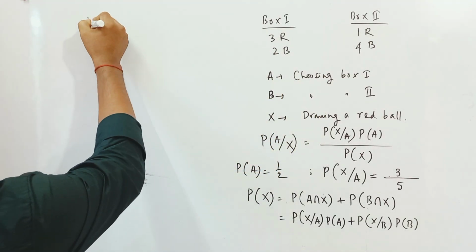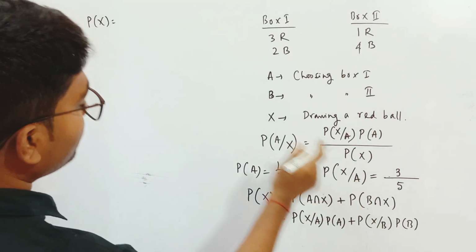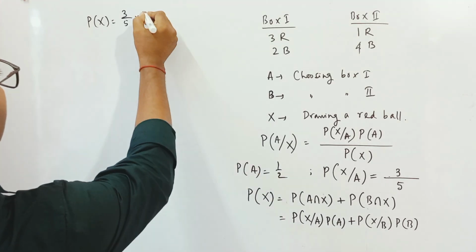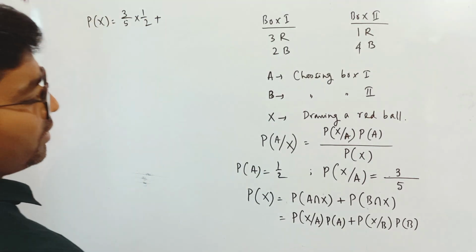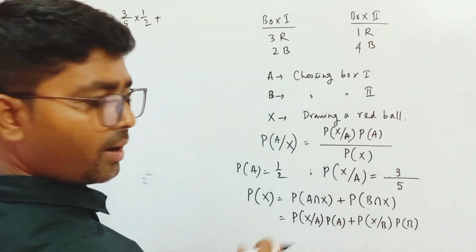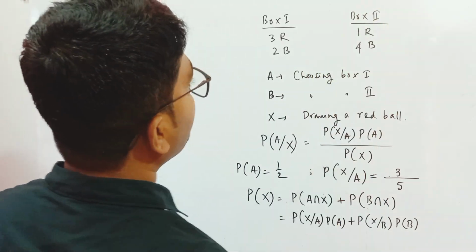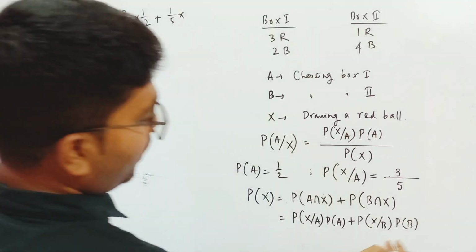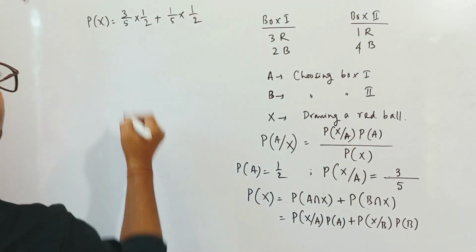So what is P(X)? P(X|A) means 3 by 5, P(A) is half, plus P(X|B). P(X|B) means selecting B, that is box 2, and then drawing a red ball. From this box, the probability of getting a red ball is 1 by 5, and P(B), that is selecting box 2, is also half.